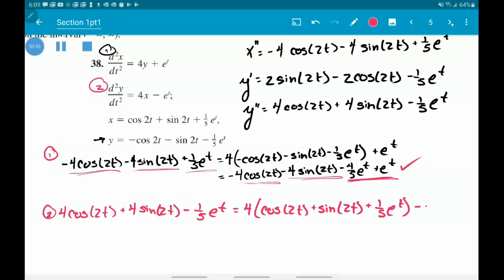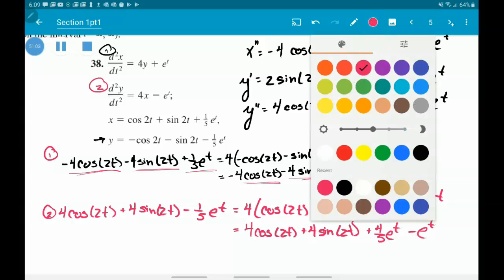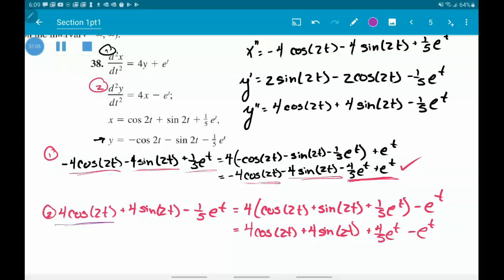And then we have a minus e to the t. Let's distribute the right-hand side. And once again, we're comparing. We have 4 cosine of 2t on both sides, 4 sine of 2t on both sides, and a negative 1/5 e to the t on the left. If we combine like terms on the right, we will end up with a negative 1/5 e to the t. So we have verified that that is a solution.